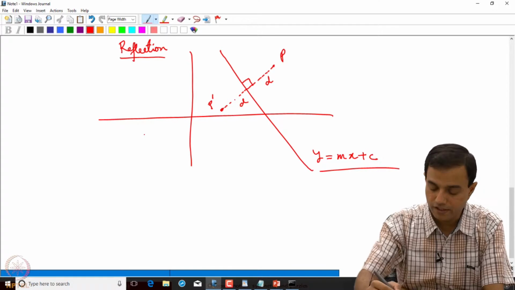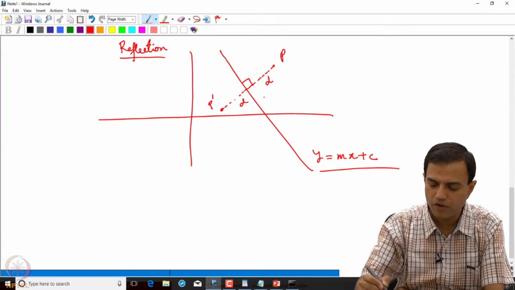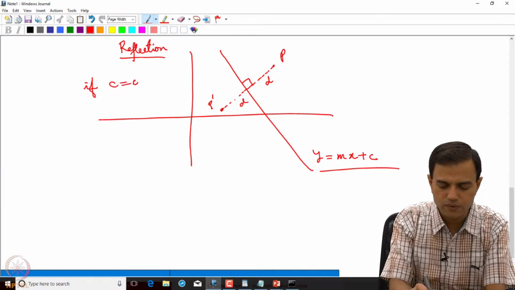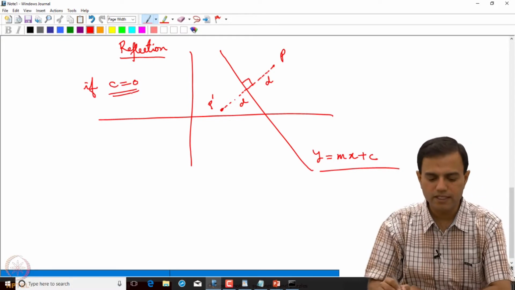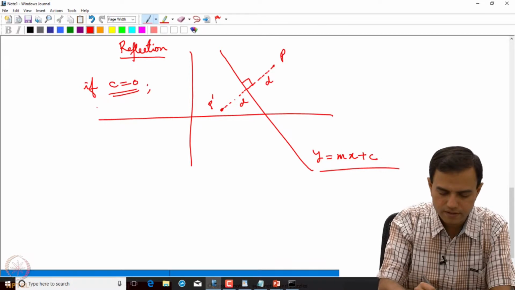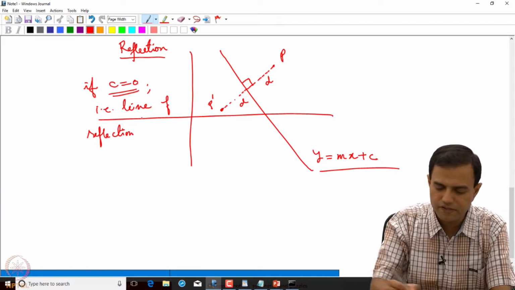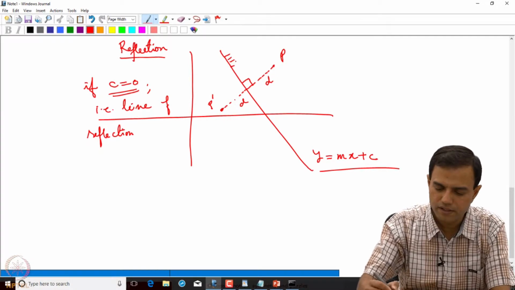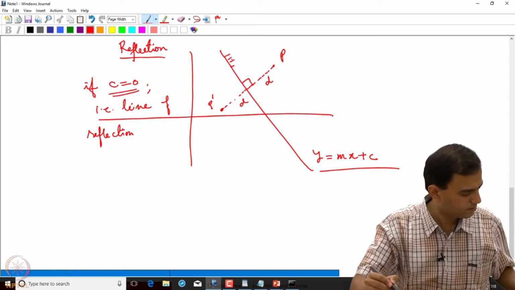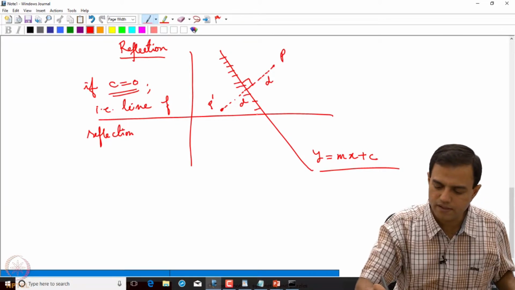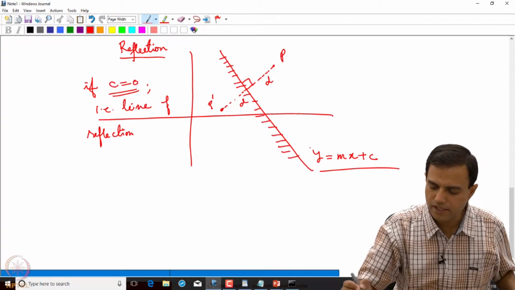If the line passes through origin, so if c is 0, that is the line of reflection. Line of reflection is just this mirror. So you can think of it as a mirror, right?